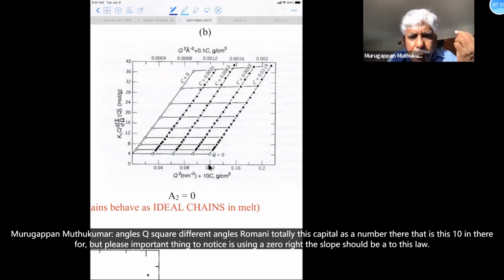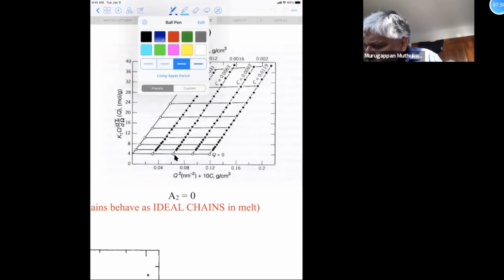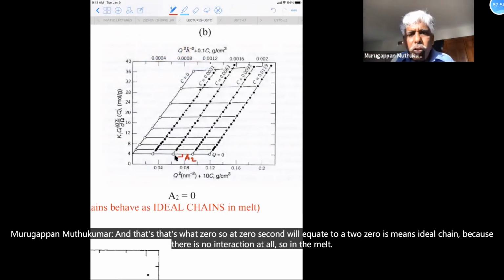Remember, I told you about this capital A, some number there; that is this 10 in their plot. But the important thing to notice is that at q equal to 0, the slope should be A2. And that slope is 0.